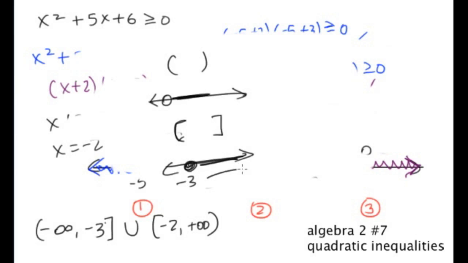So if it's negative 3 onwards to positive infinity, the parentheses are telling you that it's not including the infinity, and the brackets are telling you that the solution does include negative 3. So that's just one quadratic inequality.